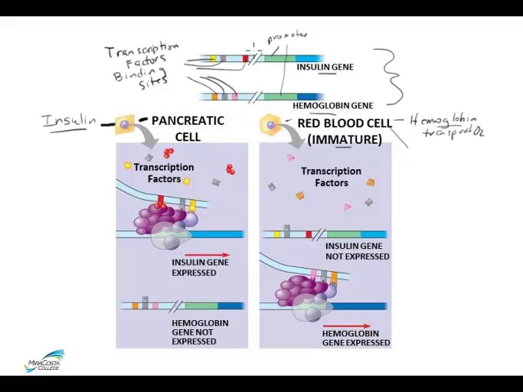So how does that occur? Well, it involves these transcription factor binding sites, and more specifically, the proteins that interact with them, those transcription factors. So in order for that insulin gene to be expressed, the transcription factor proteins that bind at each of those sites all have to be present, right?